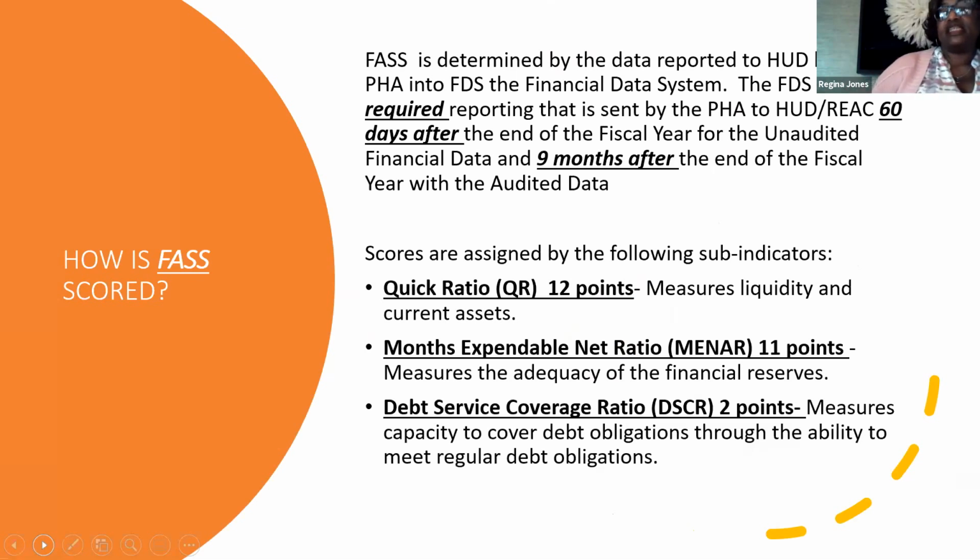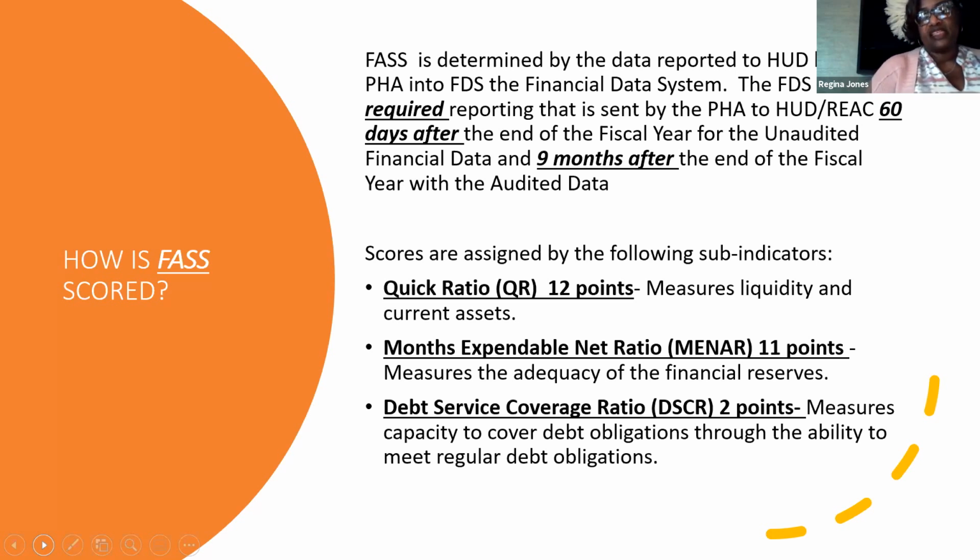And the FDS is a required report that is sent by the PHA to HUD in REAC 60 days after the end of the fiscal year for the unaudited financial data, and 9 months after the end of the fiscal year for the audited data.